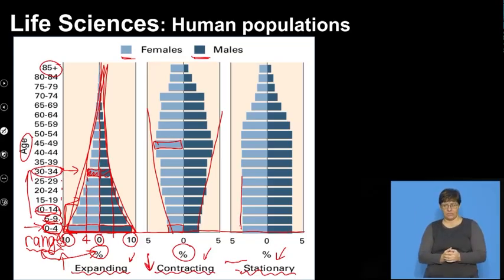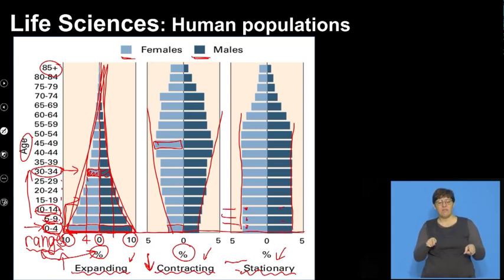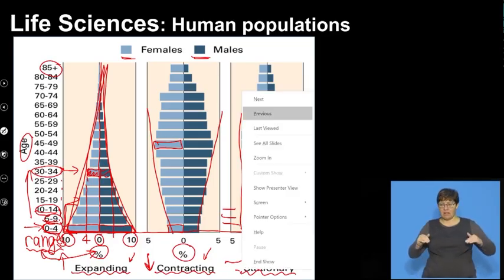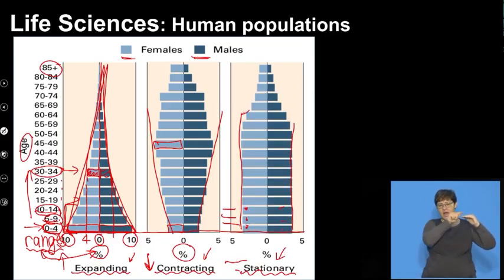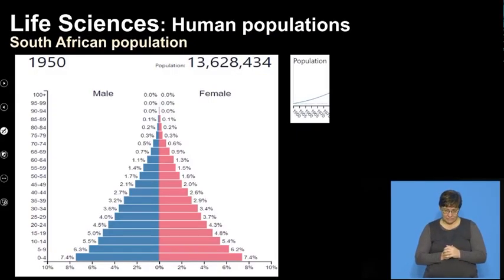When we have straight lines going up our population, so that we see that we've got more or less the same number of males and females in each age range, up until the time when natural causes are going to cause deaths, then we have a stable or stationary population growth rate.